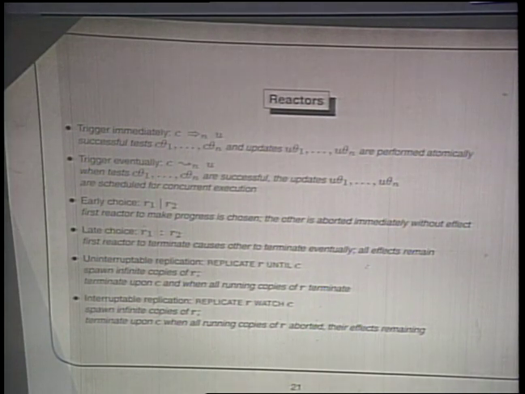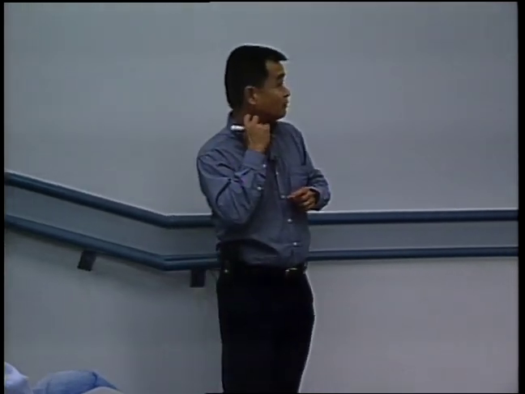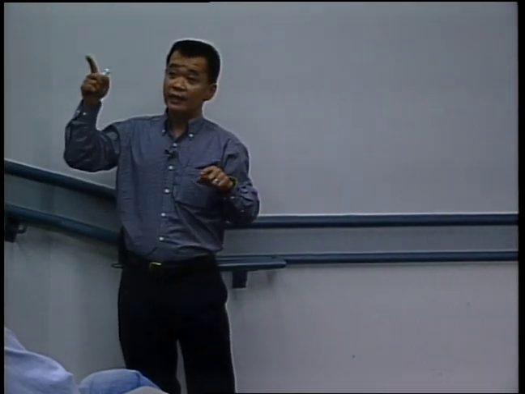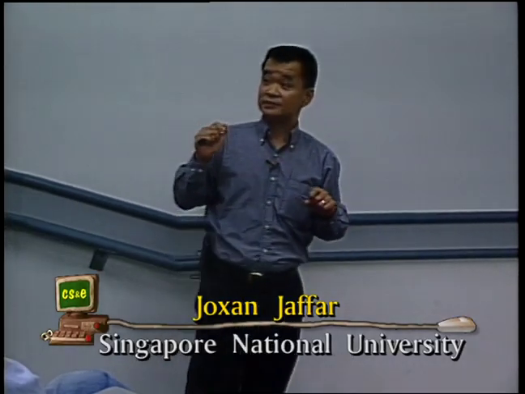Okay. So it's more declarative to have the late choice, but it's also more difficult to implement. Okay. However, one difference for us is that we will define that any effects of any reactor, both of them, remain. So even if one finishes and you abort the second, any effects of the second remain. Okay, so we have some sort of persistence over here.